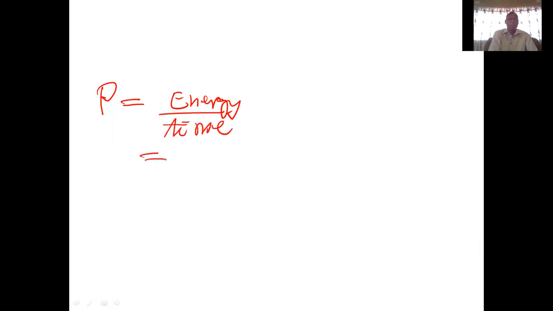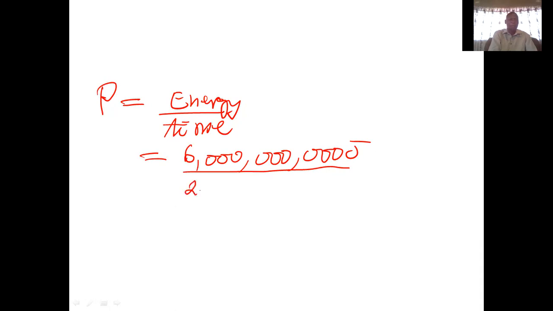Here the energy was 6 billion joules, divided by the time, which is 20 minutes.